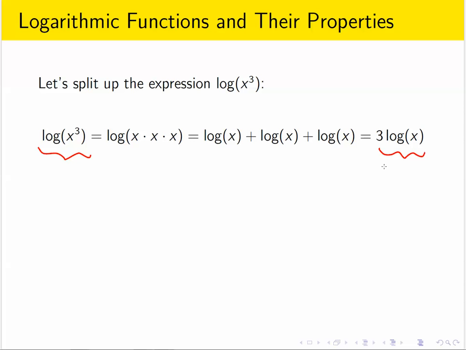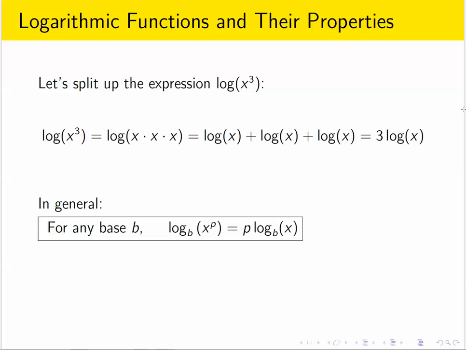We ended up with 3 times log of x. And a nice shortcut for thinking about how this operation results in this expression is to imagine that we're just taking this exponent and moving it out front, putting it right here. That's exactly how we're going to think of this.